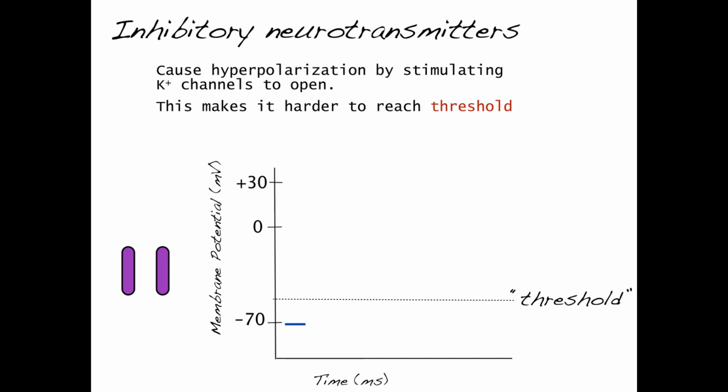So if a potassium channel opens up on the postsynaptic neuron, potassium will leave the neuron, rendering the inside of the neuron hyperpolarized, or more negative. This will make it harder for that neuron to reach threshold. Remember, threshold being the membrane potential around -55, after which depolarization will definitely occur.